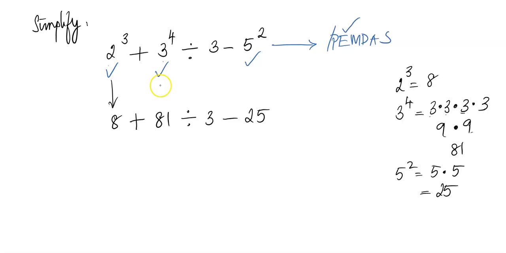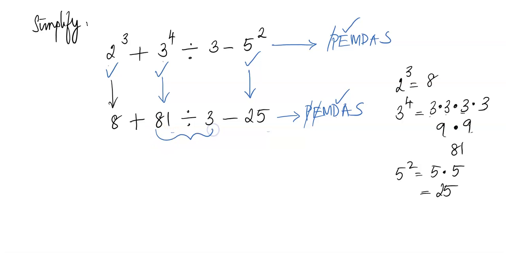Okay, so we have this and this. Now we have PEMDAS. No P, no E, we took care of the E. Multiplication, division, from left to right, which comes first? There is only division that comes first, no multiplication.